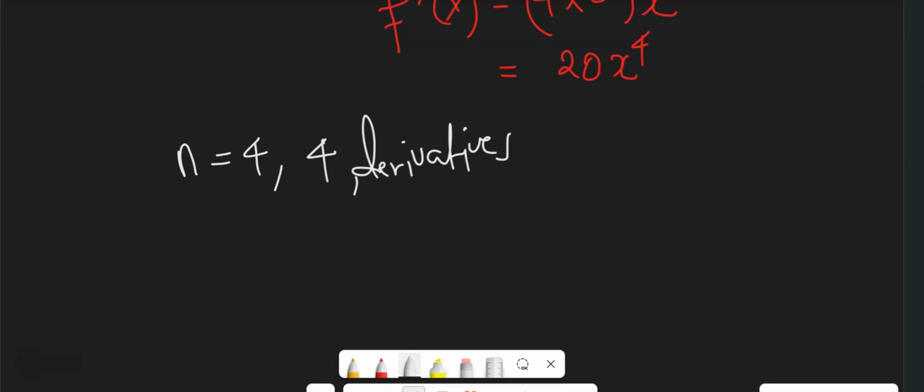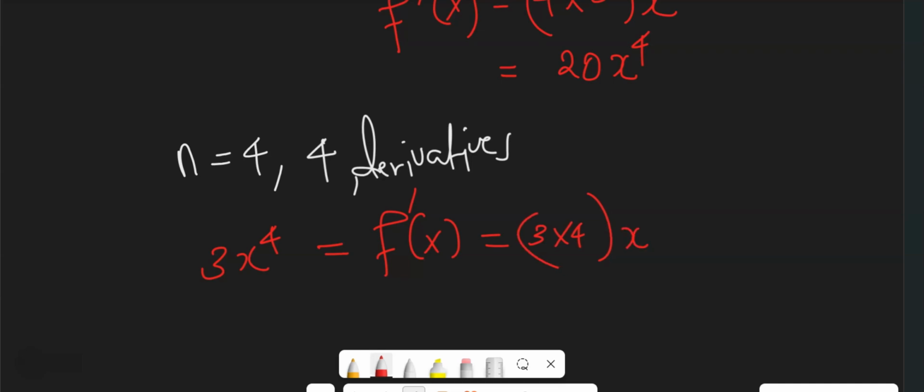For instance, if this is 3x power 4, the first derivative, f prime of x, will be given by 3 times 4 x power 4 minus 1, which equals 12x power 3. That's the first derivative.